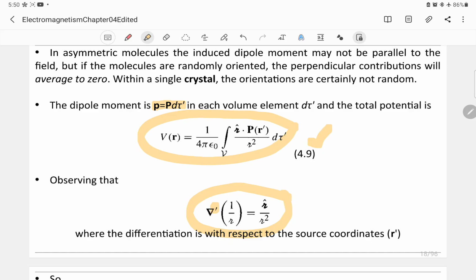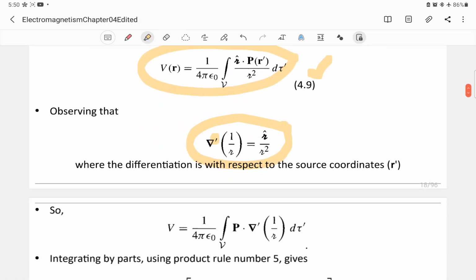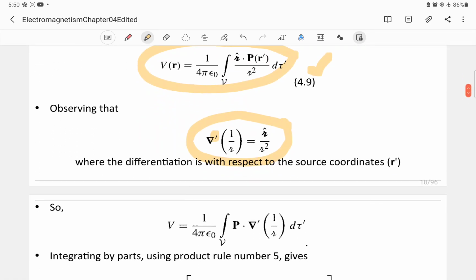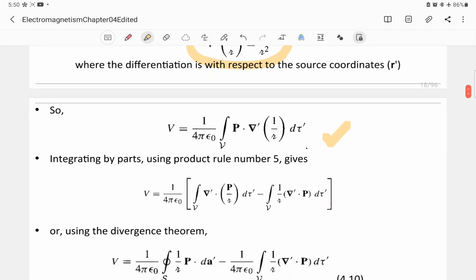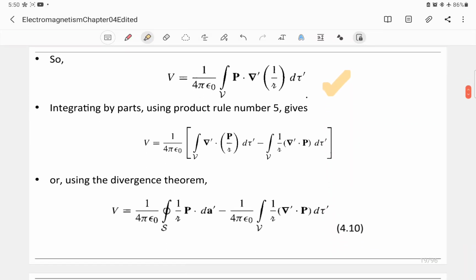So you can rewrite 4.9 here into this form, such that we can integrate by parts and rewrite this equation into this equation.